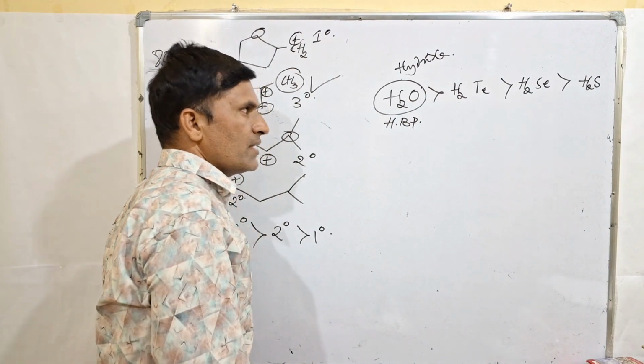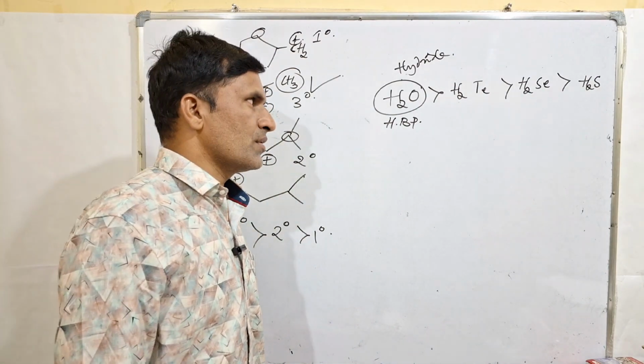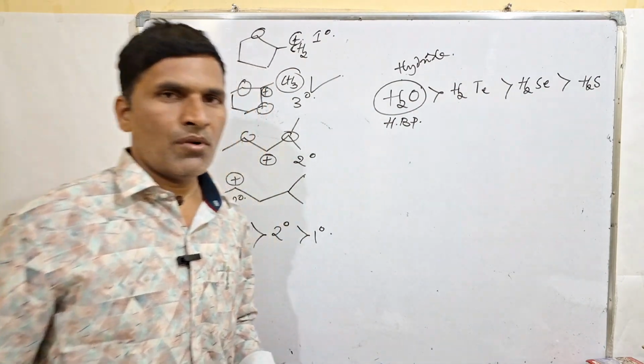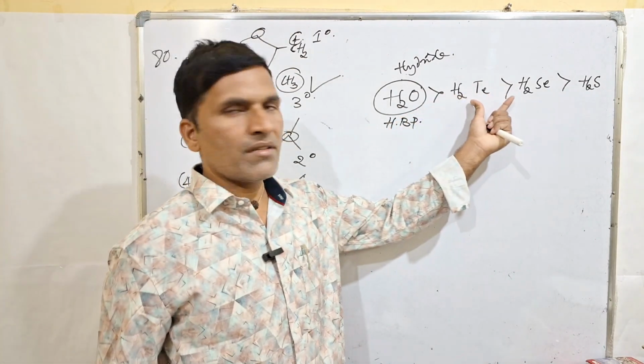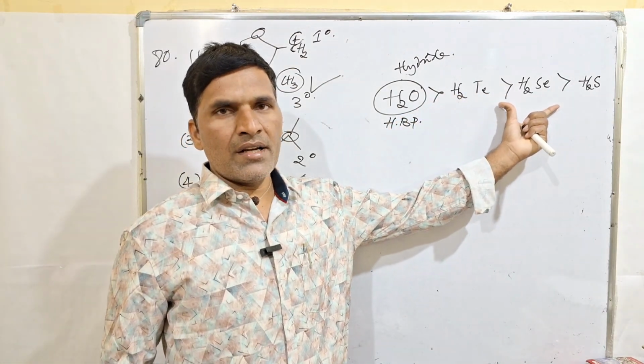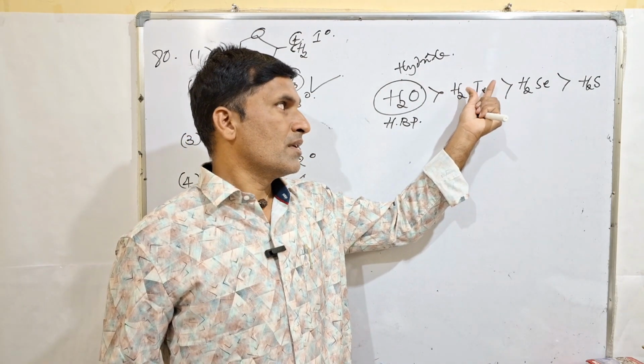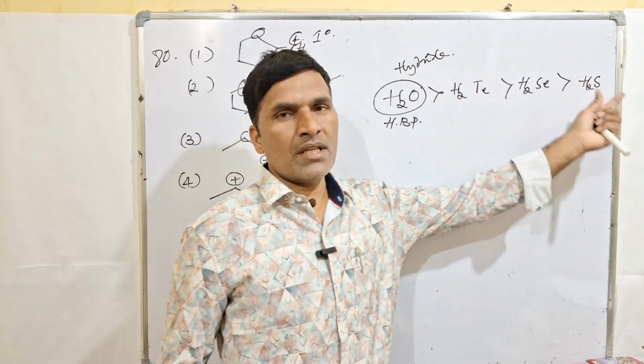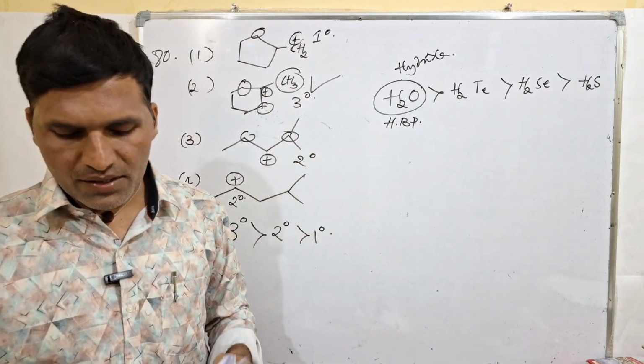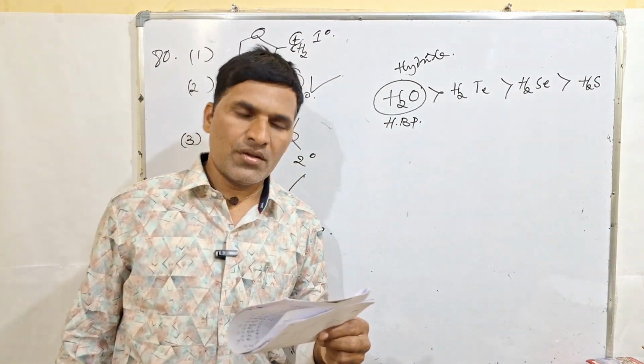What is the reason for that? The reason is that it shows profound hydrogen bonding, and the rest of the sequence again follows the regular trend based on atomic mass: tellurium, followed by selenium, then sulfur. So therefore both statements 1 and 2 are true.